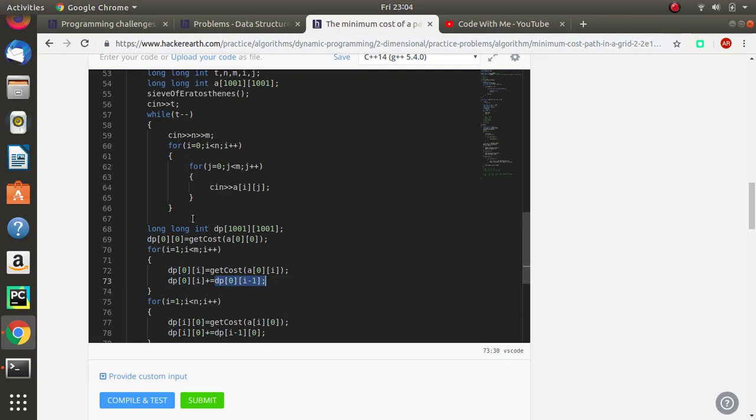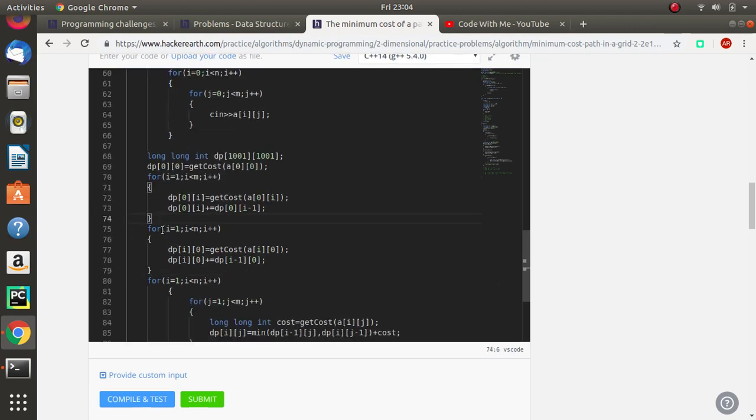Since we are going right, the cost of the left cell will be stored in it. Similarly for the first column, we will get the cost of the current cell and while storing, also add the cost of the previous cell, like the upper cell. So now we have done the first row and first column.